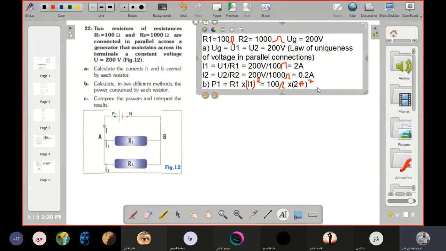So P1 equals 400 watts. In another method, Fatima.